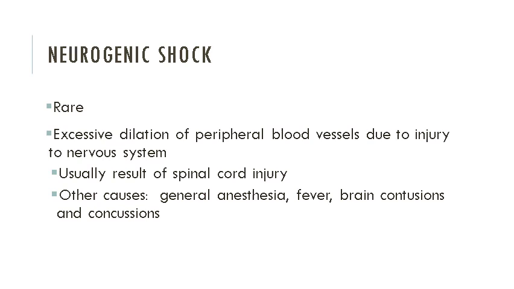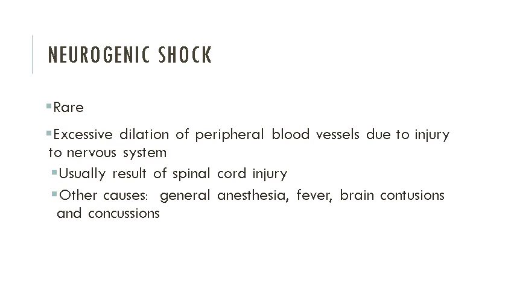Neurogenic shock. Again, this is the last type of shock that falls under distributive shock, neurogenic shock. This is very rare. So we're going to cover it, but I don't have a lot of extra information for this type of shock. This is excessive dilation of the peripheral blood vessels. So remember, peripheral, in your peripheries, your arms, legs, things away from your core, due to injury to the nervous system.